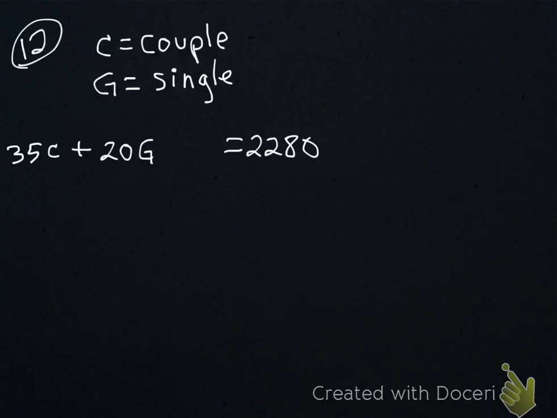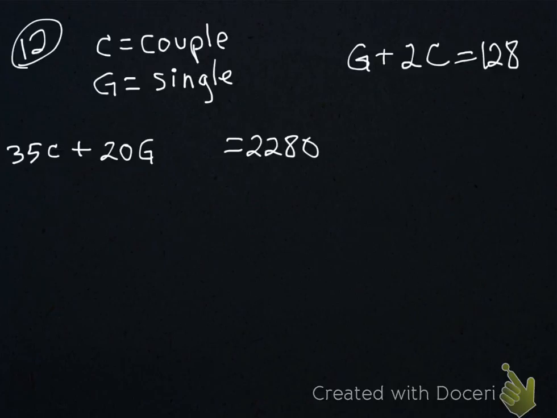That's a start. But now we have the people attended. The people who attended is also an equation. They're equal to 128. How many people make up a single person? Well, obviously just one. How many people make up a couple? 2. So 1G plus 2C equals 128.